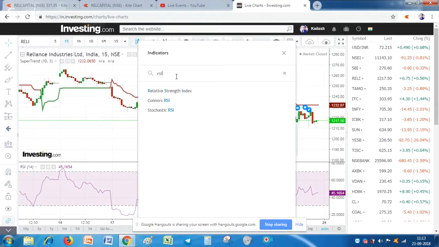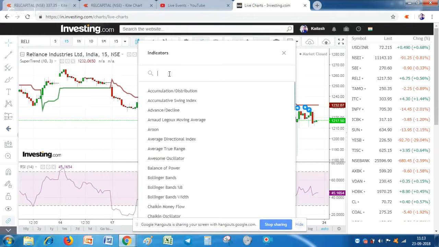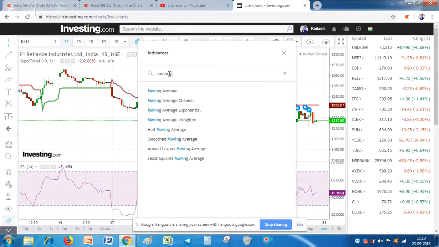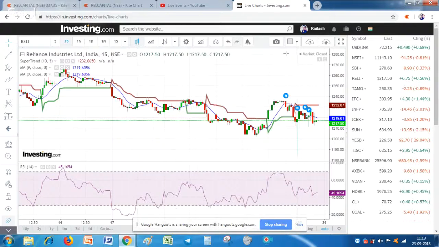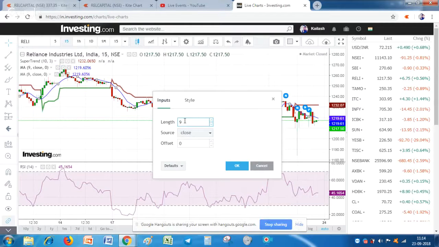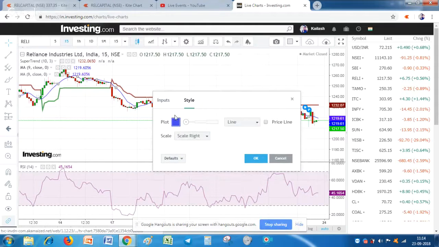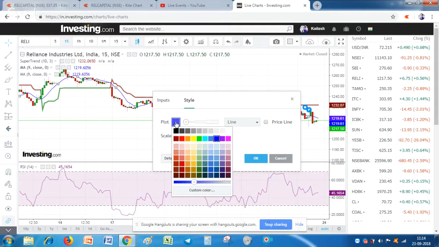Okay. So I'm taking two things, friends: RSI and super trend. If you want more confirmation for any buy or sell signal, I will add two moving averages here. This will give us more confirmation. One of the moving averages is 9, so we can keep it 9 as such. Let us keep it blue.